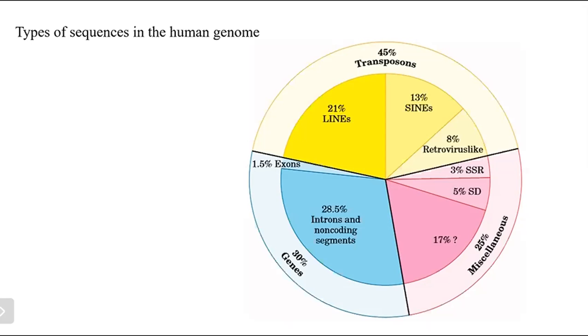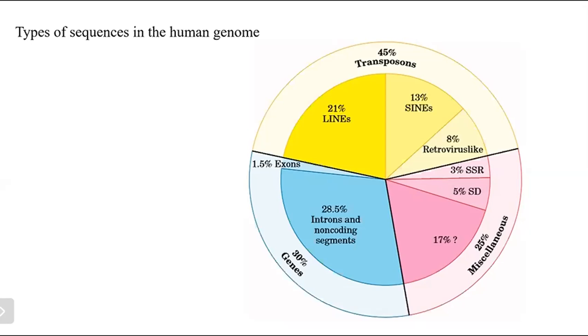Transposons you already know: LINEs and SINEs, long interspersed elements and short interspersed elements. And miscellaneous is the other DNA, that is your simple repeats, segmental duplications, and some DNA which forms RNA. In gene expression, we only talk about mRNA, but you know there are other types of RNAs also, like transfer RNA and ribosomal RNA.